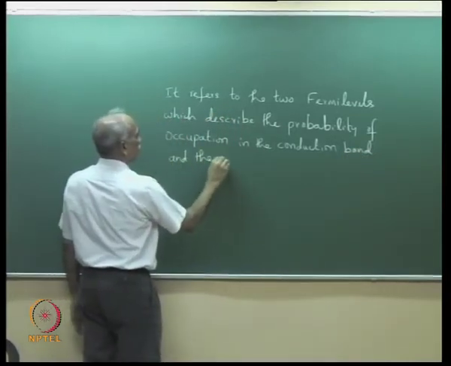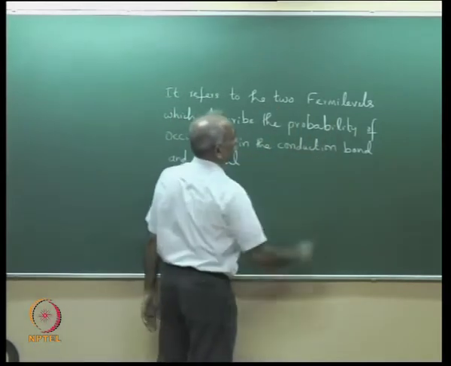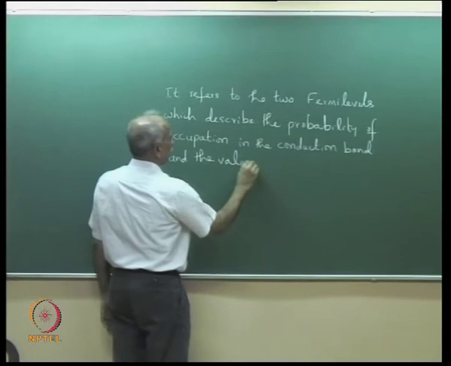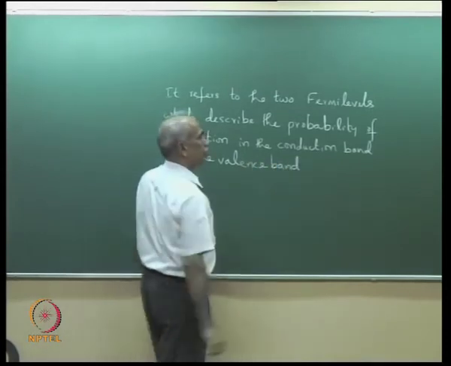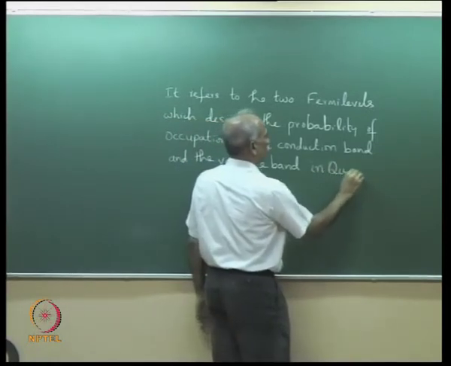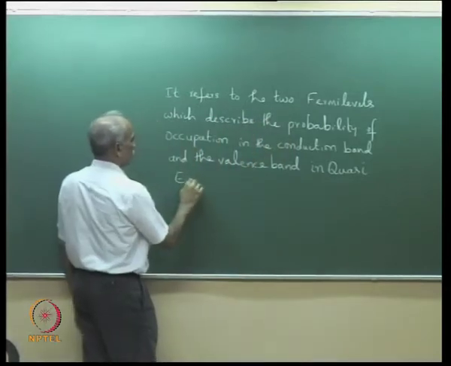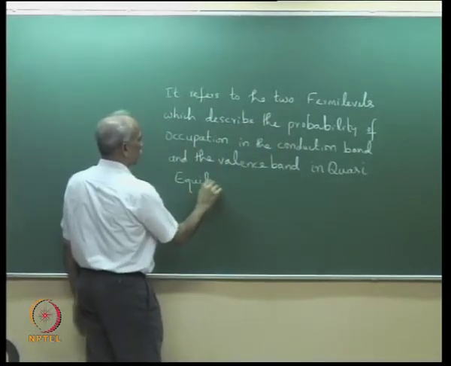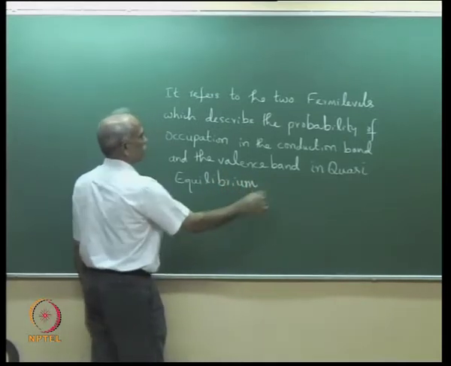Now there are two, that is why quasi Fermi levels, for the conduction band and the valence band, in quasi equilibrium. Hence the name quasi Fermi levels.